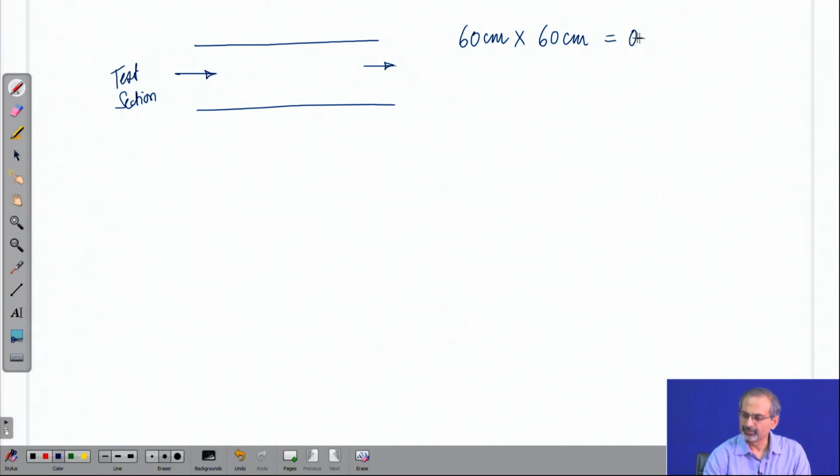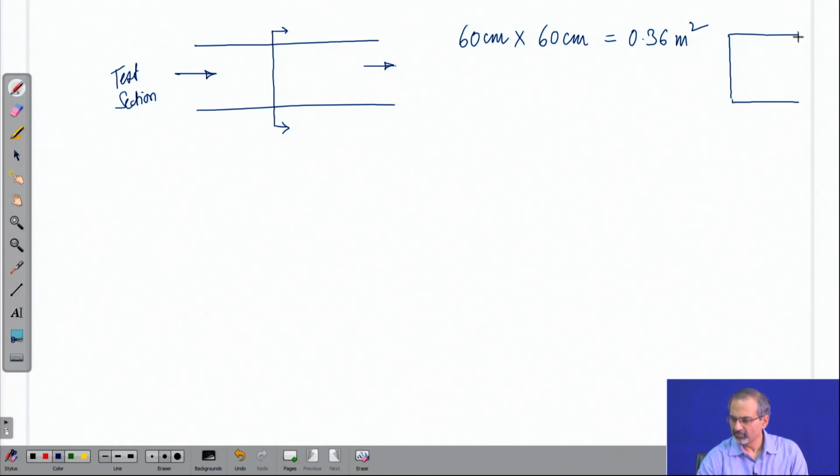That gives you a 0.36 meter square cross section. If this is a plan view, then you would get to see a square section. It measures 60 centimeter on all sides, forming a square cross section for the flow to move.